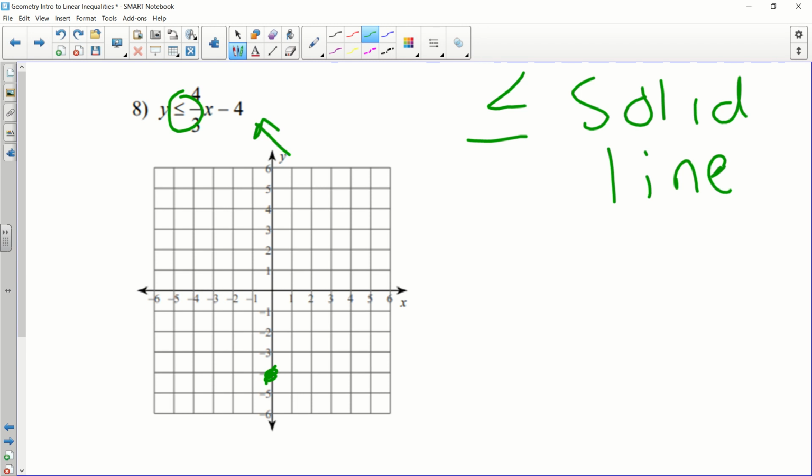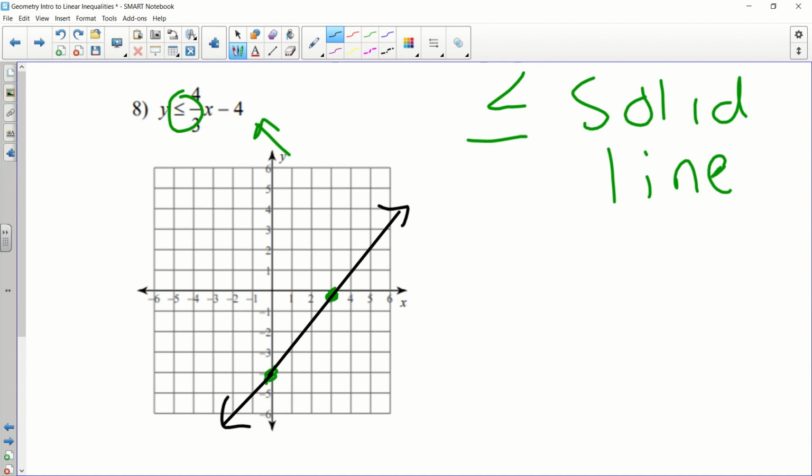If you remember rise over run from the last video, change in y over change in x, vertical over horizontal, I'm going to go up 4, right 3, because both are positive, to get to my second point. And I'm going to have a solid line there. So that's the first part.